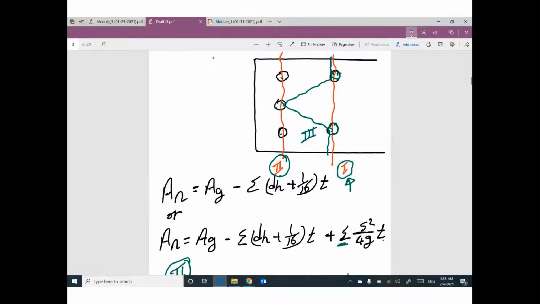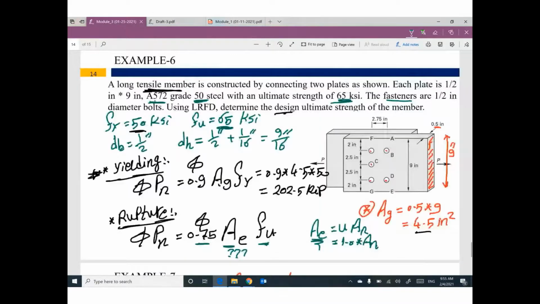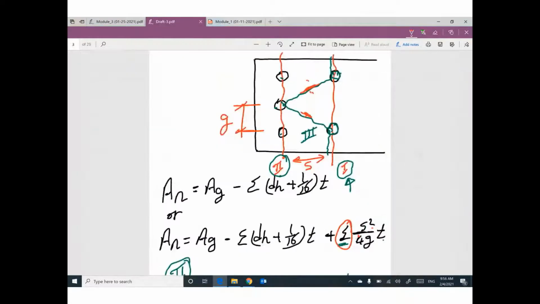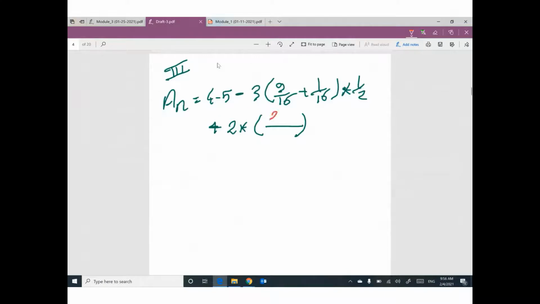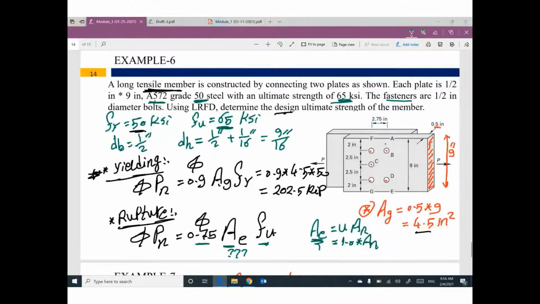Because how many inclined parts? This part and this part, that means we have 2. What is the value of S? It is the spacing. What is the value of G? It is the gauge length. This information can be found here. S will be 2.75 squared. 4 times G, the gauge length between this one and this one is 2.5.